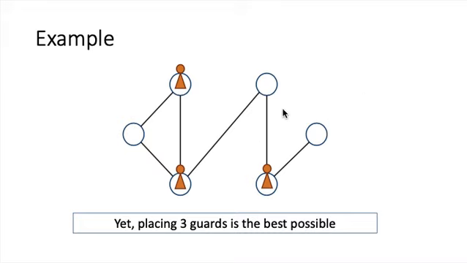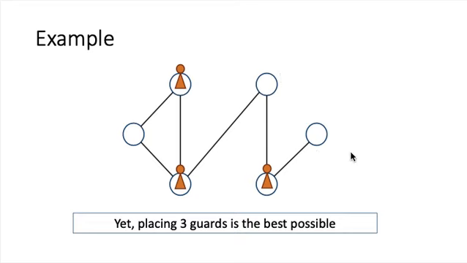The reason is that if you look at this edge, this edge, and this edge, these 3 edges do not share any vertices. What does that mean? It means that to protect these edges at the same time, we have to place a guard in one of these 2 vertices, a guard in one of these 2 vertices, and also a guard in one of these 2 vertices.